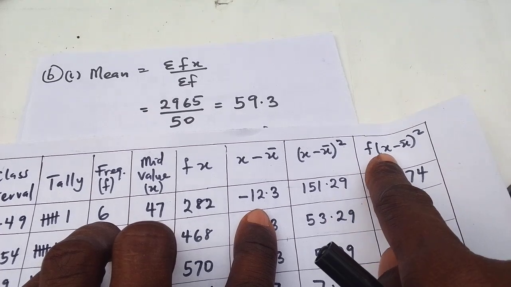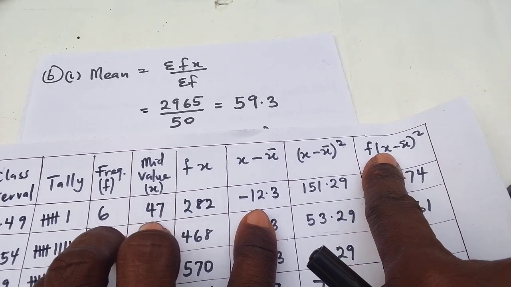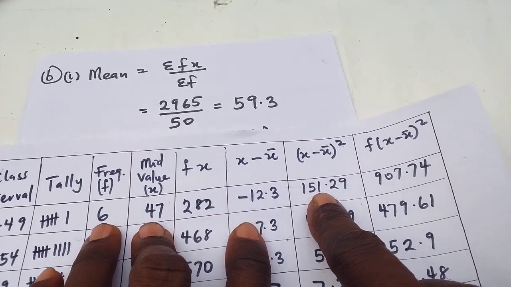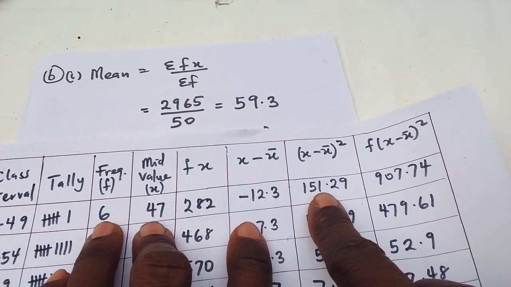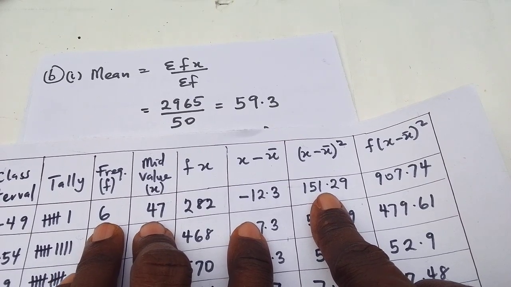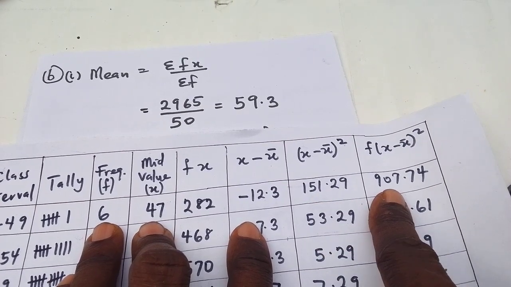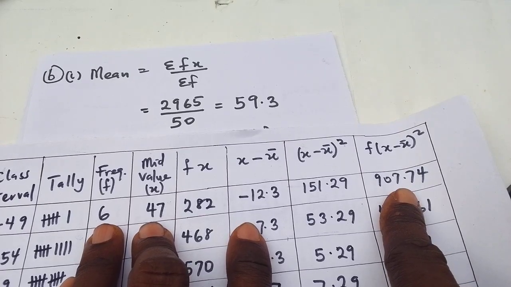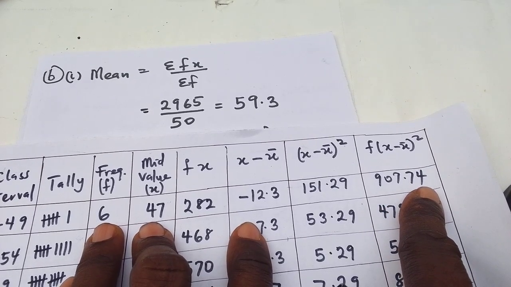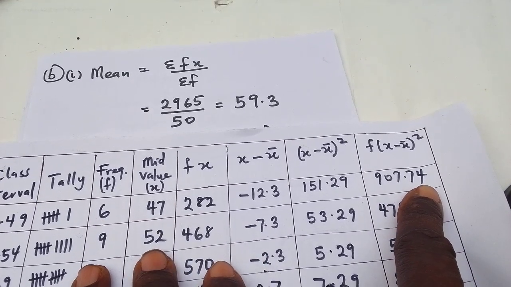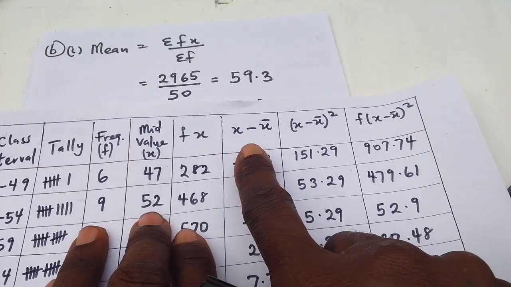Then you multiply it by the frequency here, which is 6 times 151.29, will now give us 907.74.